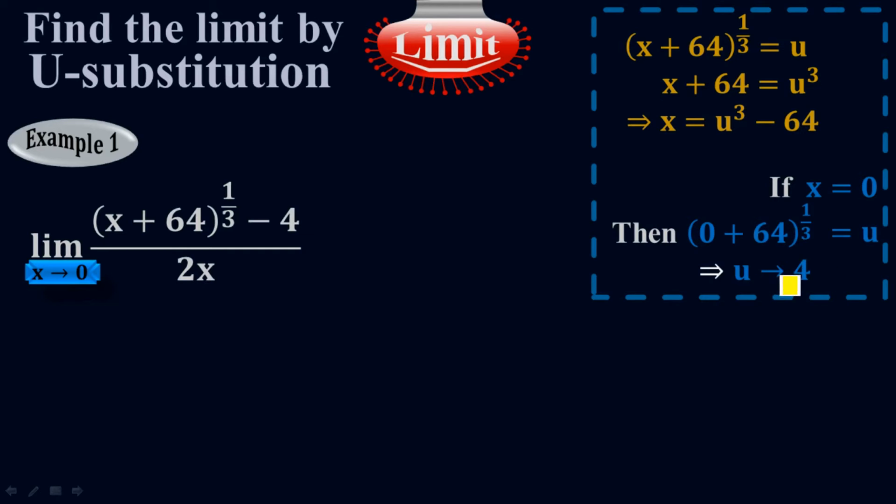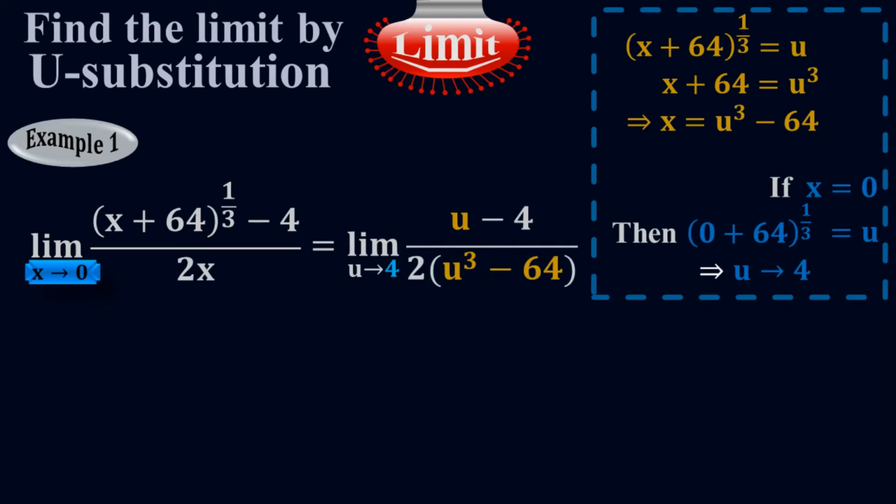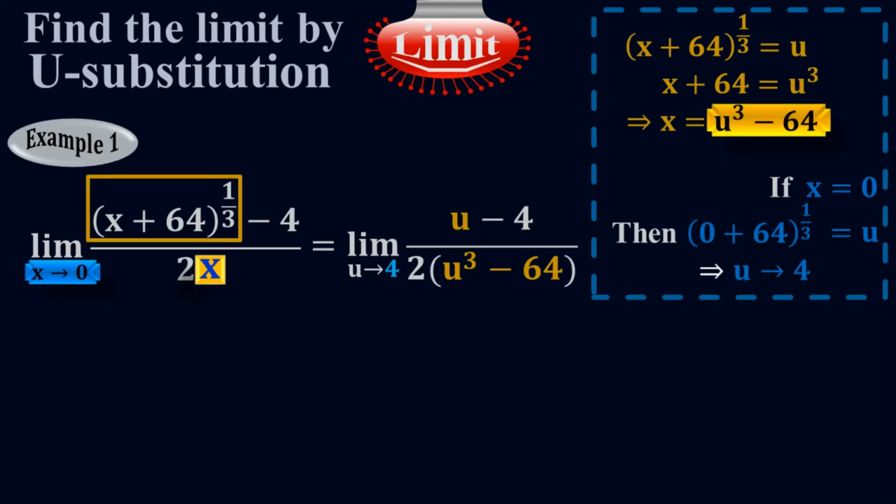I'm going to put u approaches 4 instead of x approaches 0. When I do the U-substitution here, you will get the limit of (u minus 4) over 2 times (u cube minus 64), where u approaches 4. This whole part equals u, x equals u cube minus 64, and u approaches 4 when I did the U-substitution technique.